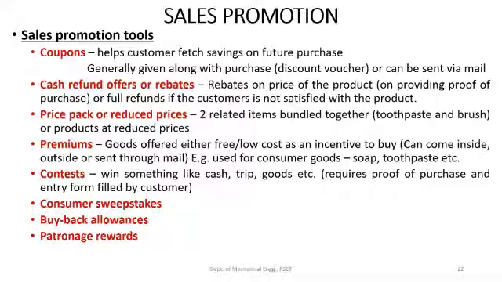Two similar items are bundled together. Similarly, it can be two related items, where you have the toothpaste and brush bundled together. They are not the same items, but they are related. These price packs provide value to the consumer, who is able to purchase two products whose values, when individually put together, are more than what is provided as a bundle. So that is called a price pack.